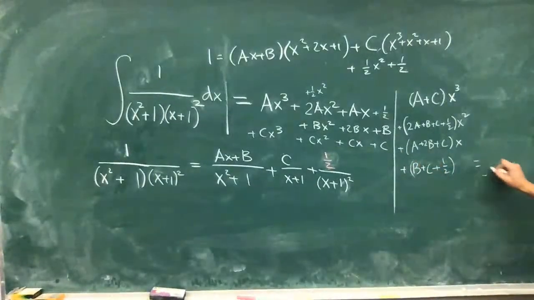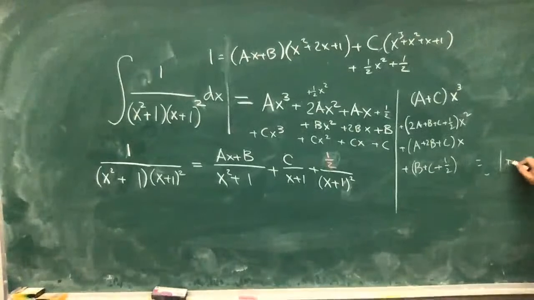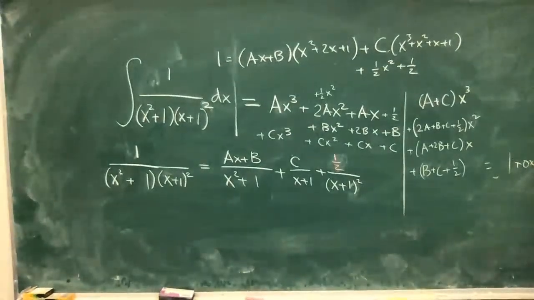And that's supposed to equal 1 plus 0x plus 0x squared.